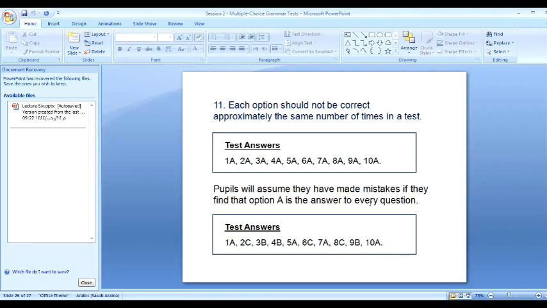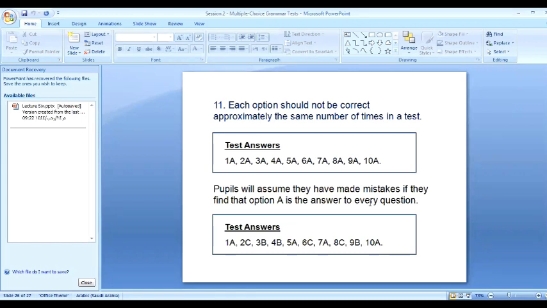So this is what makes a good multiple choice grammar test. The options should not be approximately the same. As teachers, we have to make variety, not all the answers A, because the good students sometimes say, no, it cannot be like this. They're going to delete A and put C, and you make them confused.